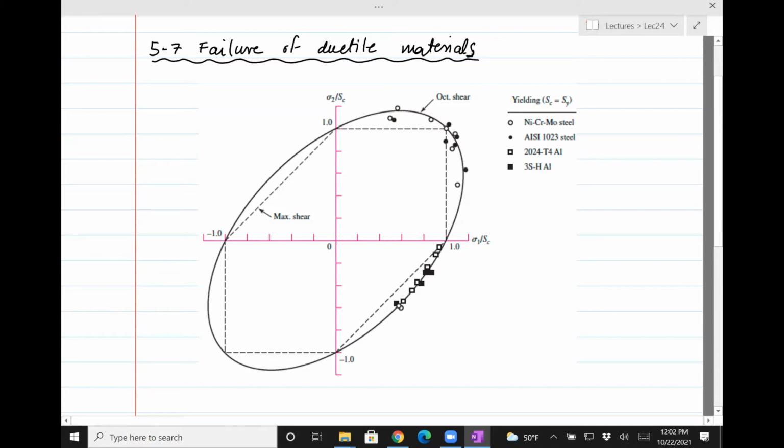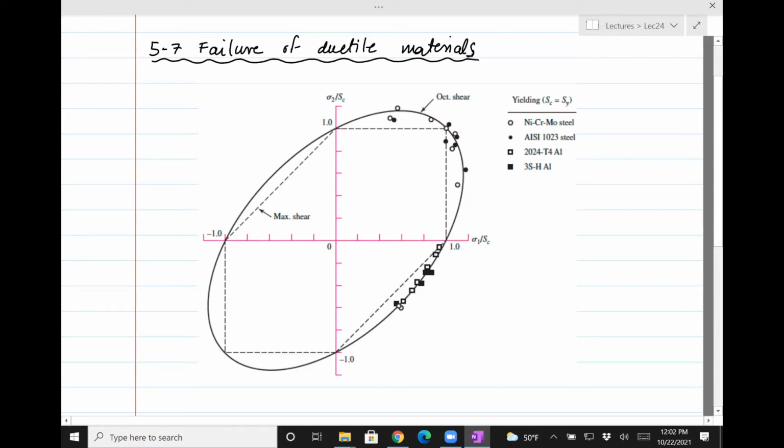and then put that stress on this plot, which is basically the principal stresses in the x-axis, right, and y-axis, sigma 1 and sigma 2, and it's sort of non-dimensionalized by dividing by the shear strength. Okay, and so if those points which I've shown you, the dots, if they lie on the envelope for the distortion theory, then it means that that would be a better predictor of theory than the other theory, maximum shear stress theory.